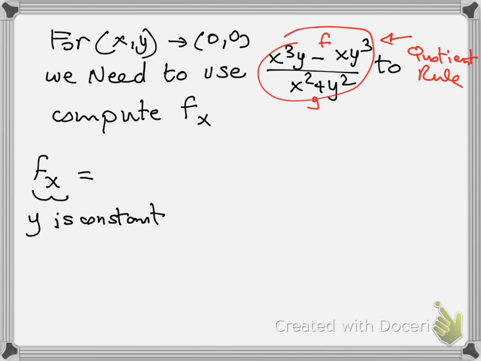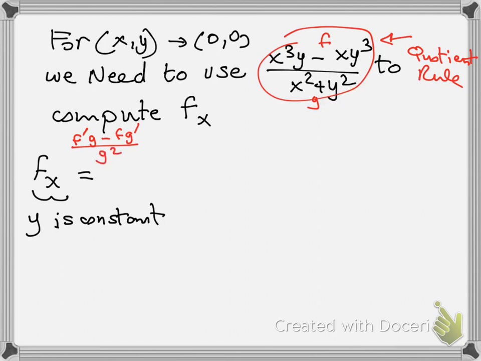So what's f prime? Derivative with respect to x, again, y is a constant. So I'm going to use the quotient rule: f prime g minus f g prime over g squared.